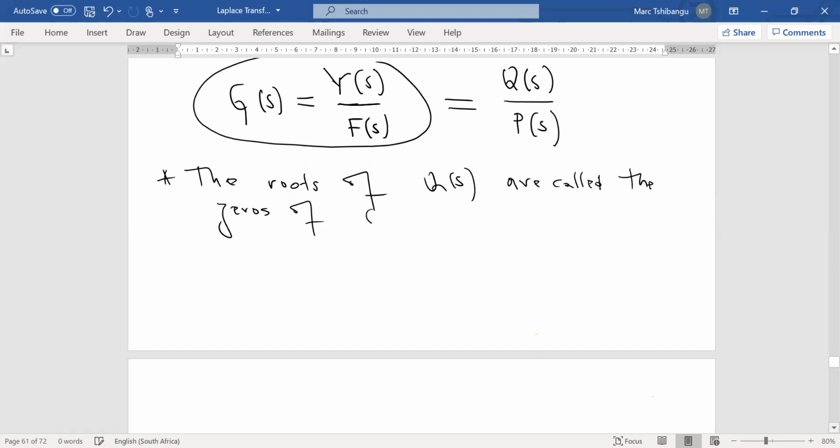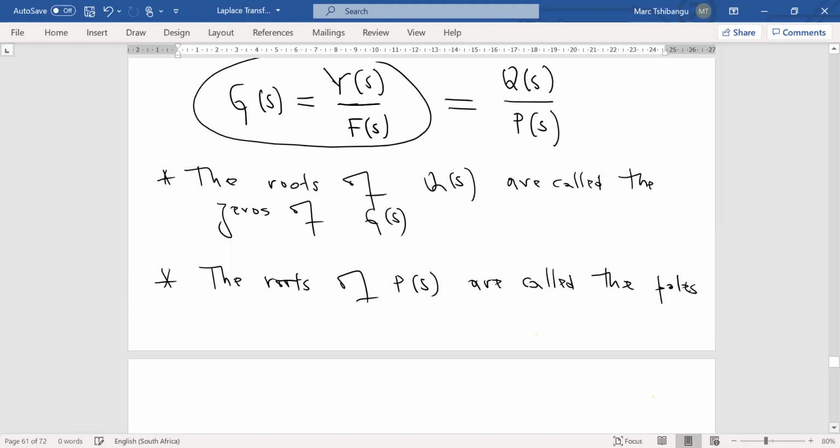And the roots of P(s), our characteristic equation, are called the poles of the transfer function.